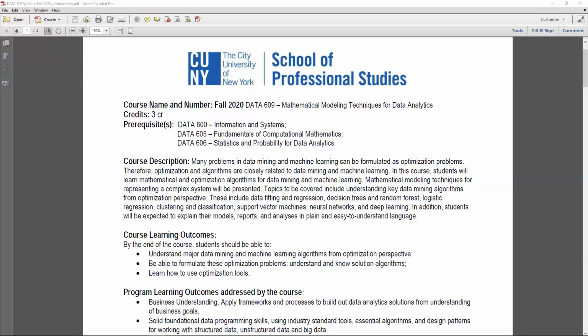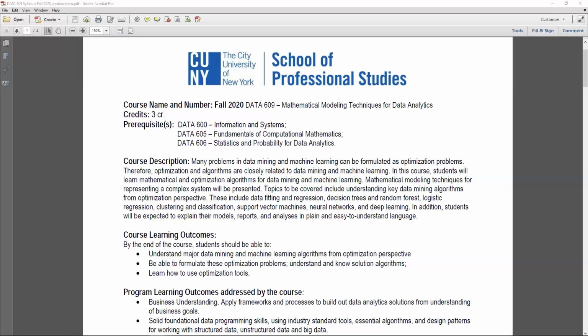So in this course, we want to provide you a perspective on the formulation of the optimization and algorithms for key data mining and machine learning algorithms.